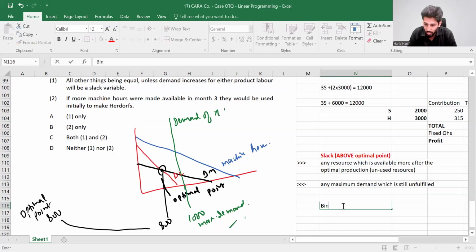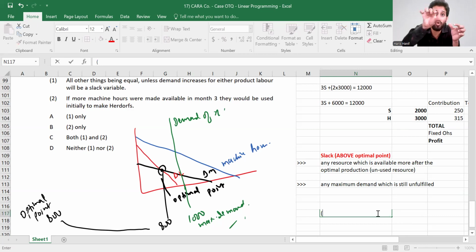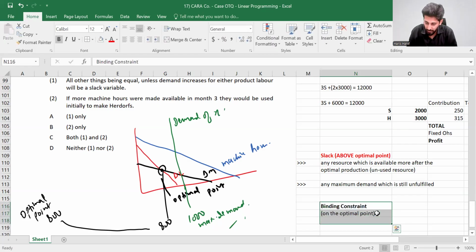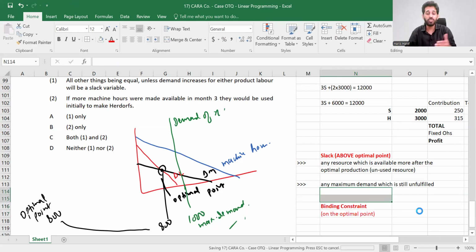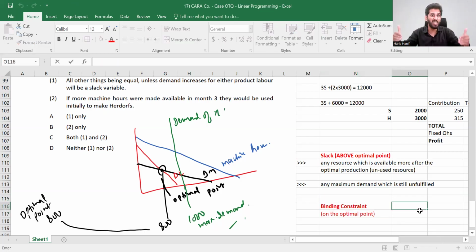Now there is the binding constraint. I have already taught you above what a binding constraint is and where you find it. It is on the optimal point on the graph, right? So a binding constraint is the 100% utilized resource.